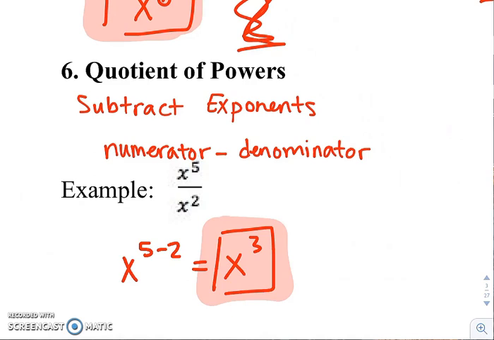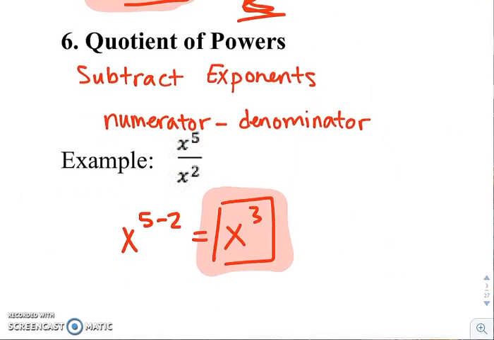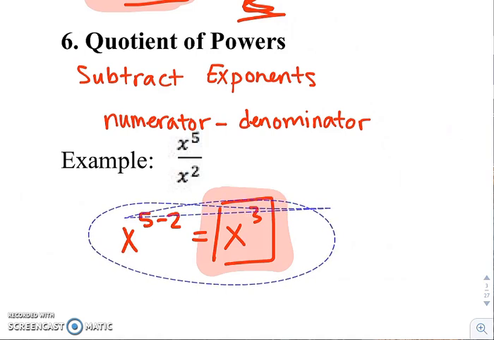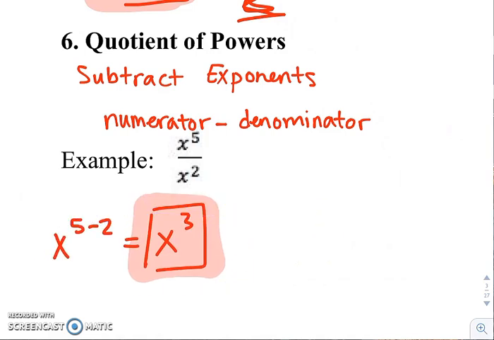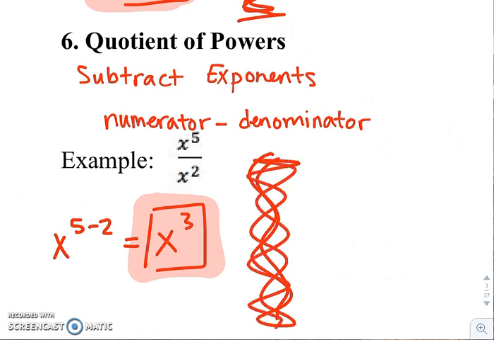And you want to be careful with this. I think it trips people up sometimes. You always want to do numerator minus denominator. So top minus bottom. So for instance, let me give you guys another example. Say I gave you x to the negative 4 over y squared x to the negative 2.